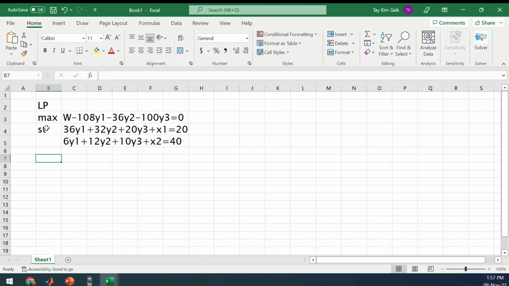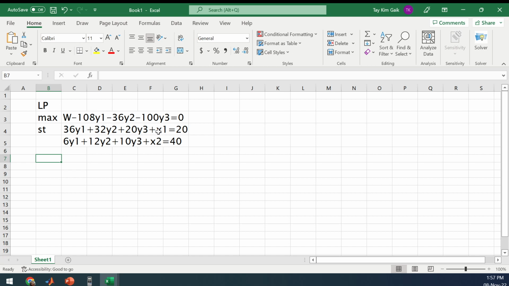So maximize W minus 108y1 minus 36y2 minus 100y3 equal to 0. The first constraint, 36y1 plus 32y2 plus 20y3. In a normal standard maximization problem, we add S1.